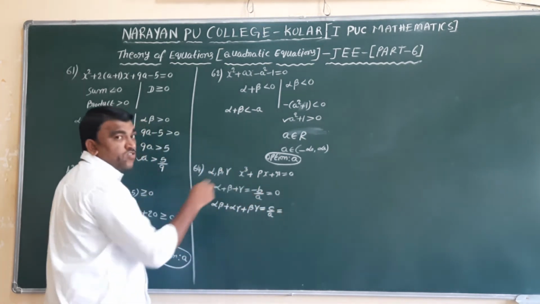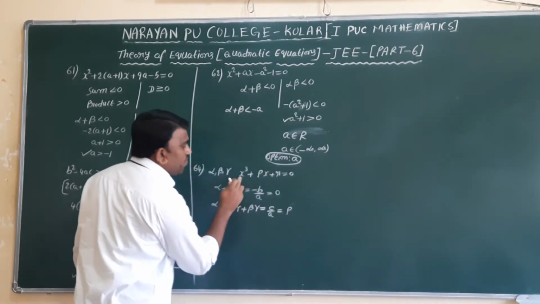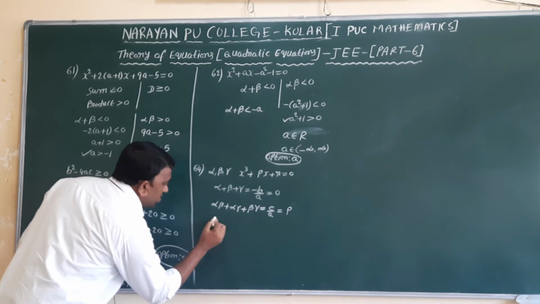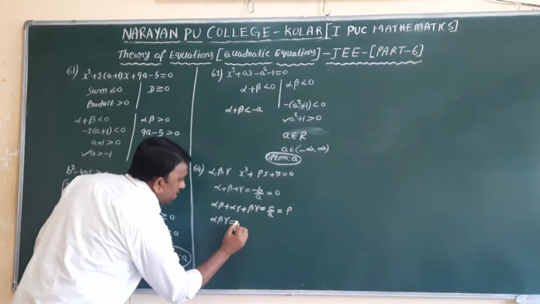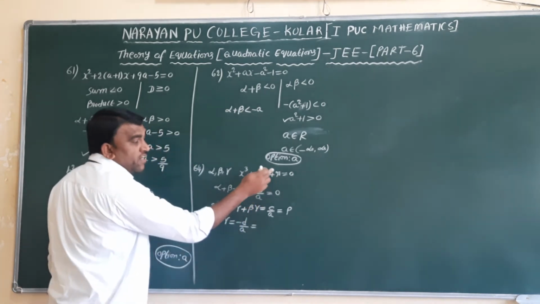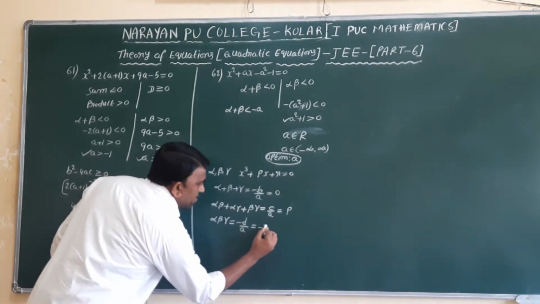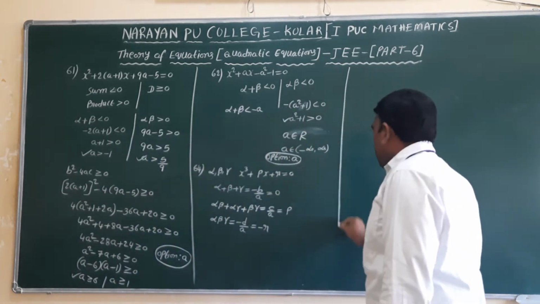So c means x coefficient here, so x coefficient is P by a value 1, that is P only. Next, the product of the 3 roots is minus d by a. Minus d means here constant, minus r. So this is the sum of the roots and the product of the roots.